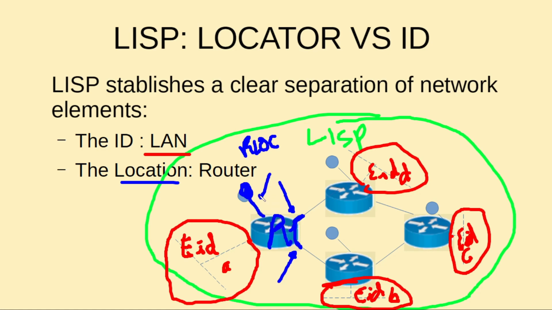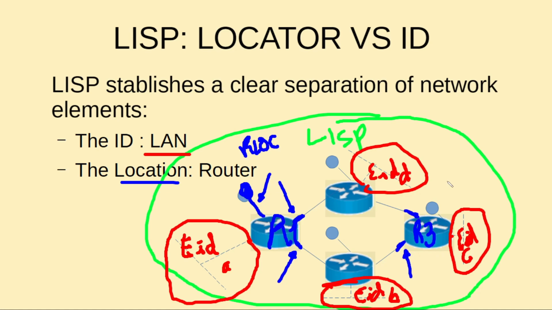So this could be RLOCs for EID A. In the same manner, if we had this router, let's say router 3, the RLOCs that we have available in order to reach EID C could be the IP address of this interface that is connected to router 3.